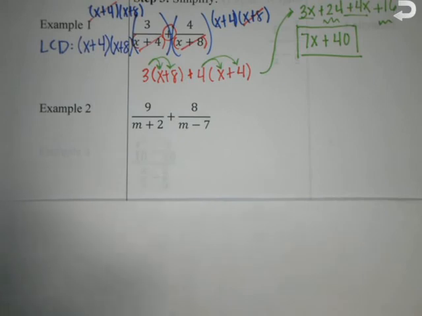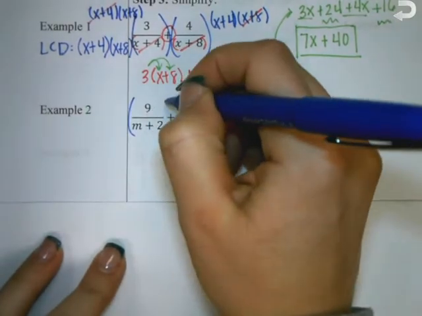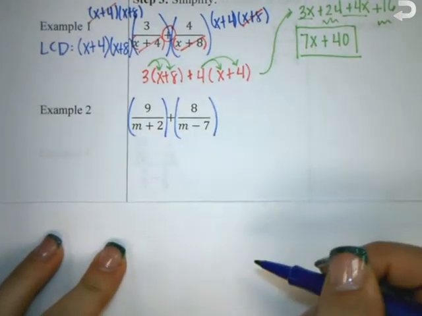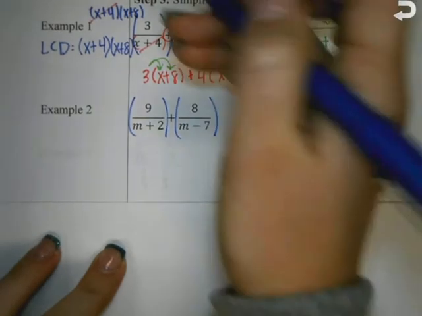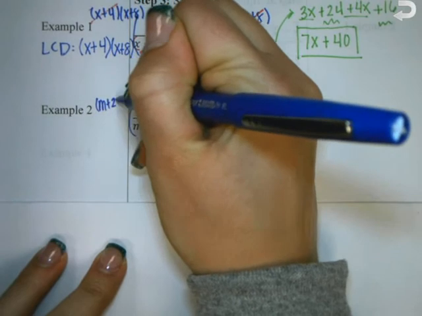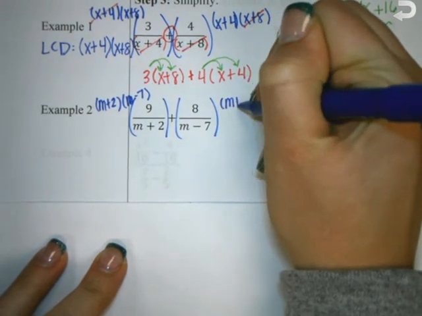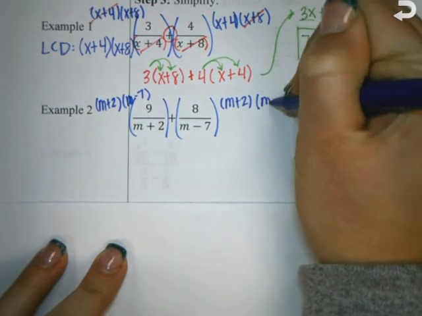Alyssa. M plus 2 times m minus 7. Okay, so let's multiply each one by that. So we have m plus 2 times m minus 7 here, and m plus 2 times m minus 7 on that one.